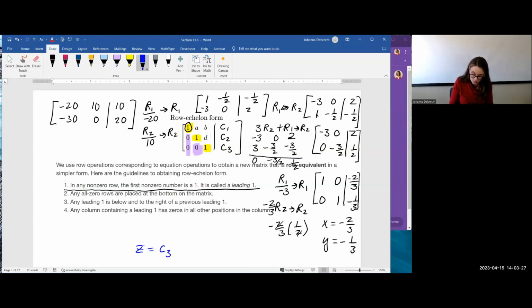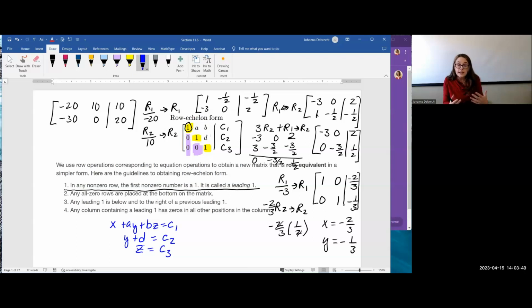Row 2 tells me that Y plus the constant D is equal to C2. And the first row tells me that X plus A times Y plus B times Z equals constant 1, right? This is what's called Gaussian elimination.